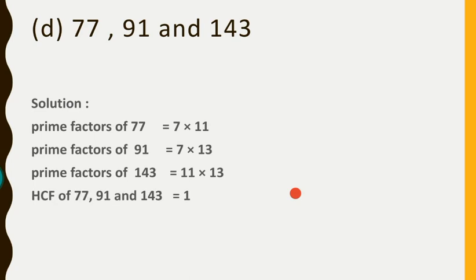So there is no common factor in these three. Okay, so we can say that HCF of 77, 91 and 143 is just 1, because we know that 1 is common in all these values.